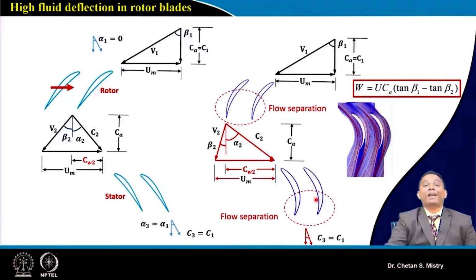Now we need to find an alternative which will help us reduce the possibility of flow separation, and that is the reason we have discussed different methodologies, such as the tandem configuration. Somewhere people go with slots with suction in order to avoid such situations. So with the problems, we always need to find a solution.